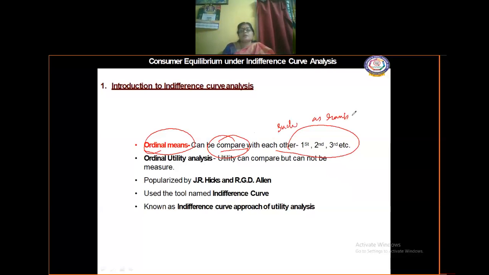That is first, second, and third, and so on. Now, ordinal utility analysis is just a comparison but not a measure, popularized by J.R. Hicks and R.G.D. Allen. This tool, used to compare, is called the indifference curve, and this approach is called the indifference curve approach of utility analysis.